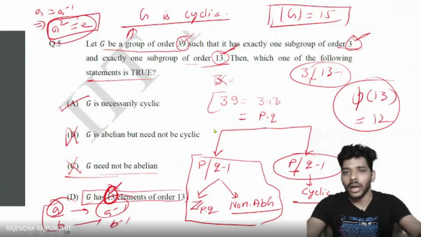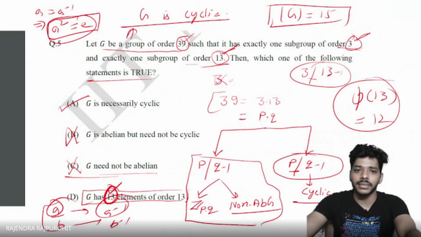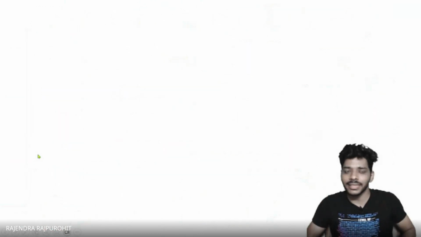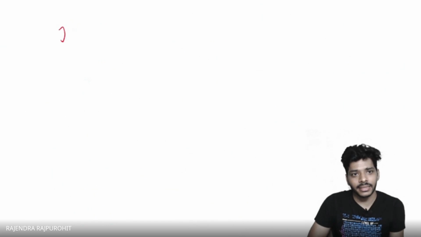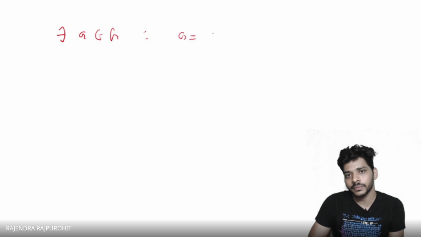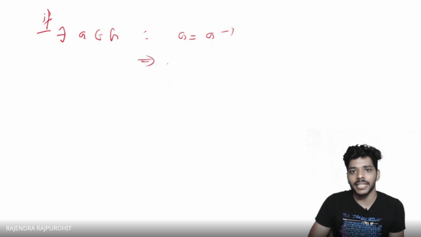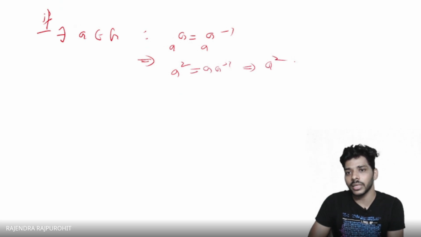Yeah, exactly. So how did I come to that conclusion? I just use simple algebra. Let's say there exists an element a in your group G such that it is self-inverse. This implies that you can simply operate a on the left side, in LHS and RHS, and you simply get a squared is equal to a inverse, which simply implies that a squared is identity.